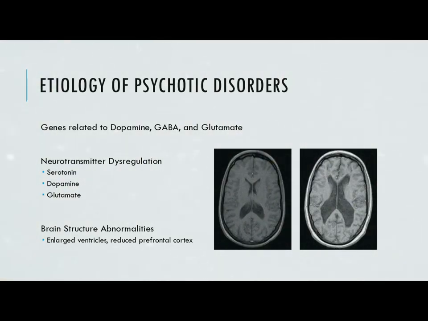Of course, there is stress and trauma. Stressful events like trauma or abuse or the sudden loss of a loved one can trigger or exacerbate psychotic symptoms. So the diathesis-stress model suggests that while genetics and biology provide a predisposition, psychosocial stressors can trigger the onset of the symptoms.